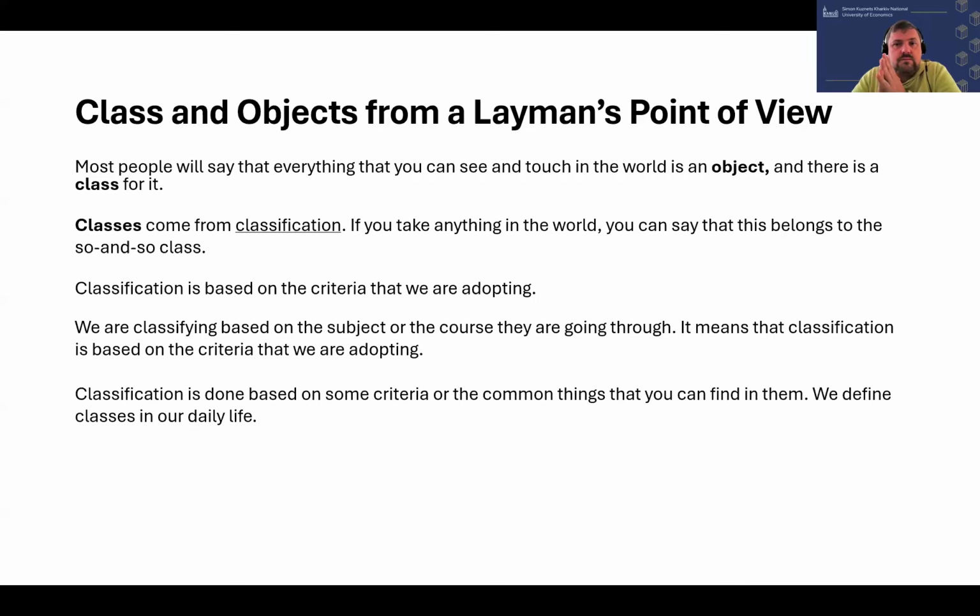Classes come from classification. If you take anything in the world, you can say that this belongs to such and such a class. For example, if you take a group of students at college or university, then you can say that these students belong to computer science, and this is the class of computer science students, and these students belong to electronics, and this is the class of electronics, for example.